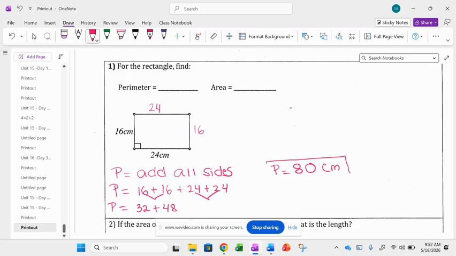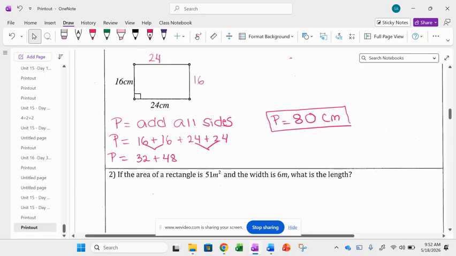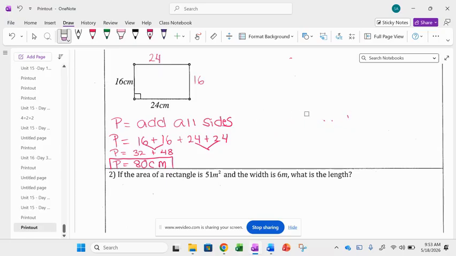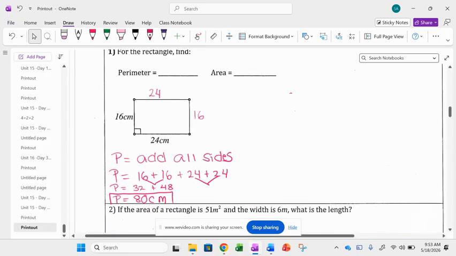Because it says 16 centimeters, 24 centimeters. Write this here. So the perimeter is 80 centimeters.